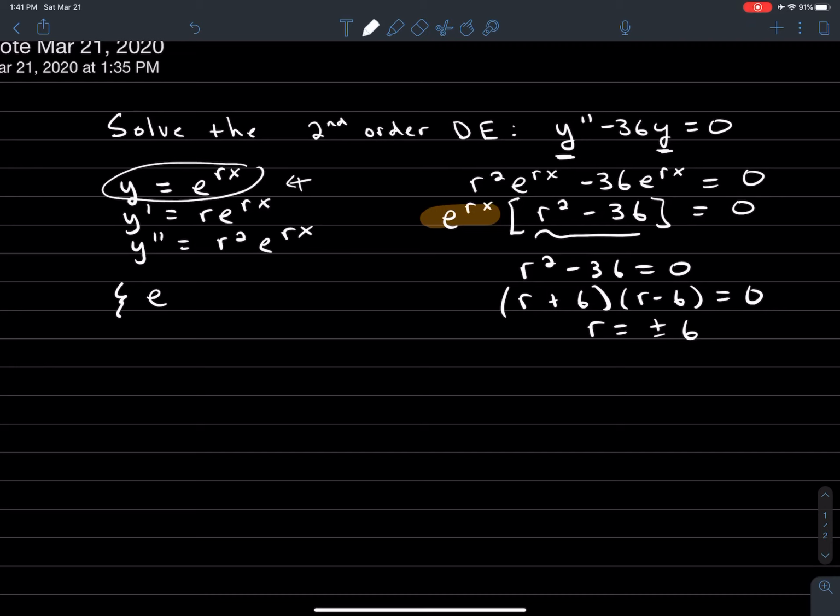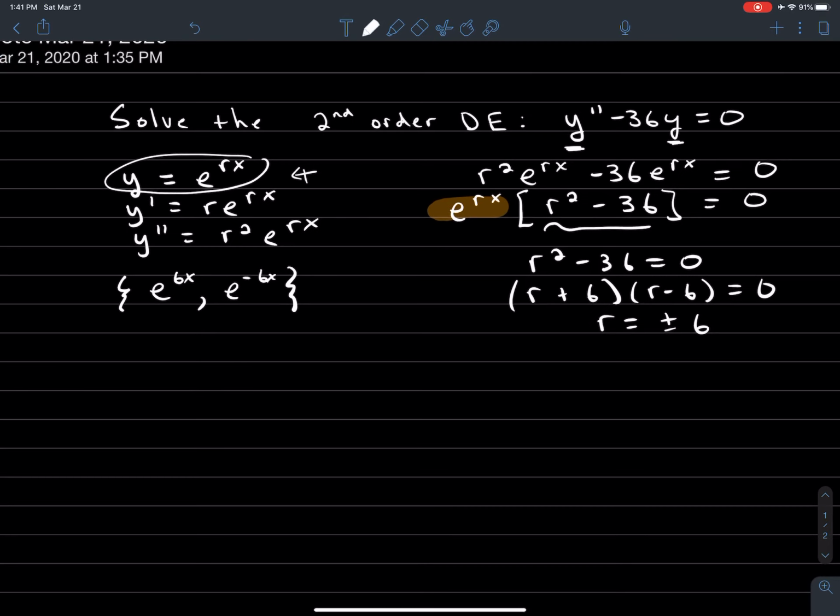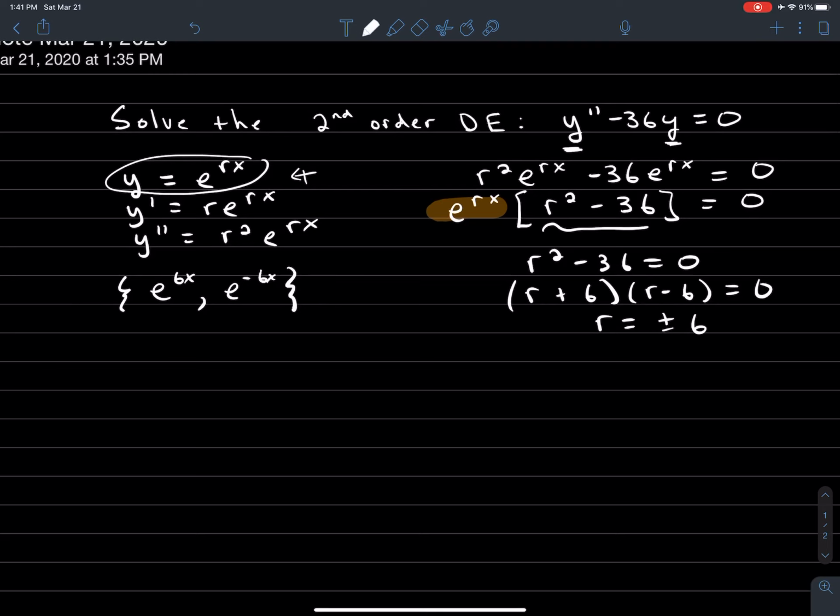So we get e to the 6x, and my second r, e to the minus 6x, and we know they're both independent, so therefore that is my fundamental set. So to write your final solution, the general form is c1 e to the 6x plus c2 e to the minus 6x.